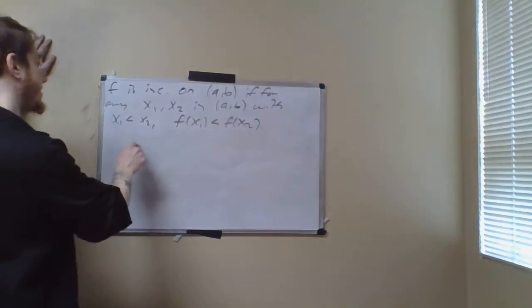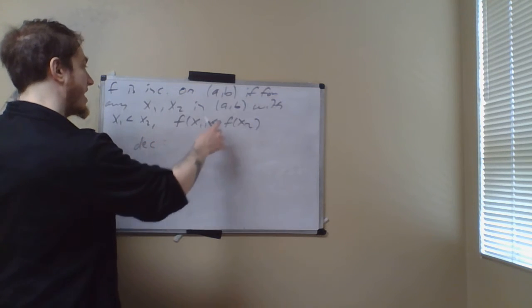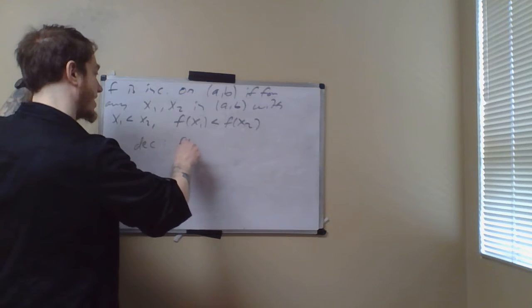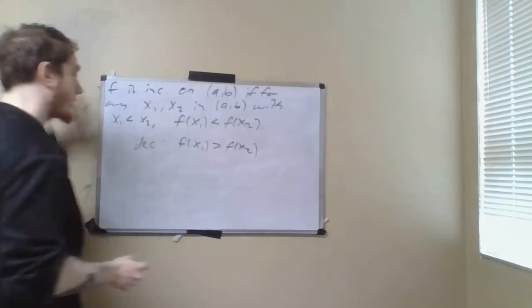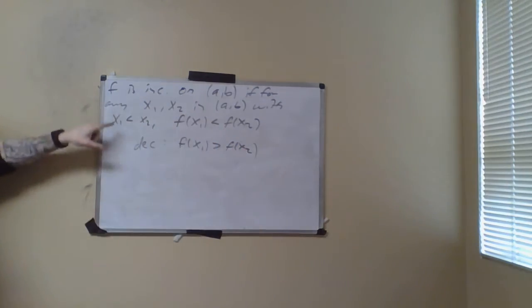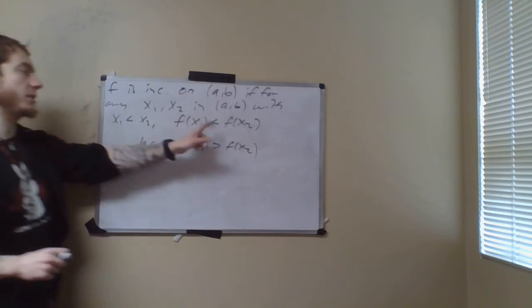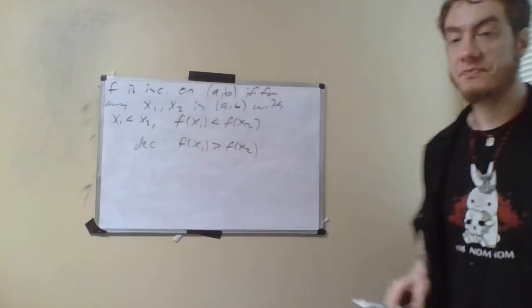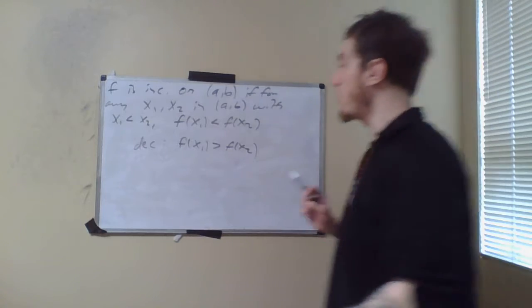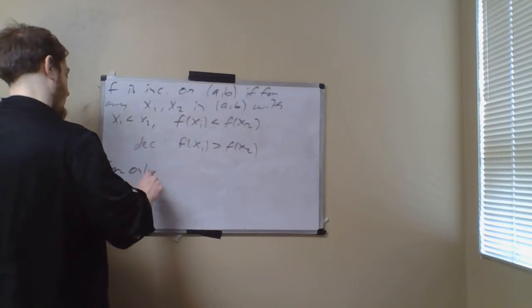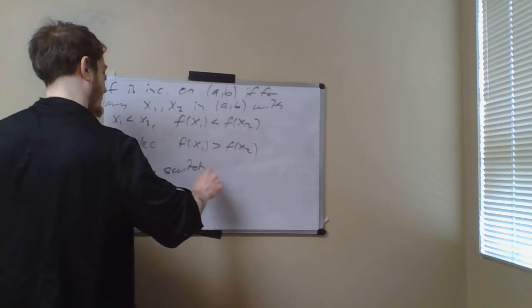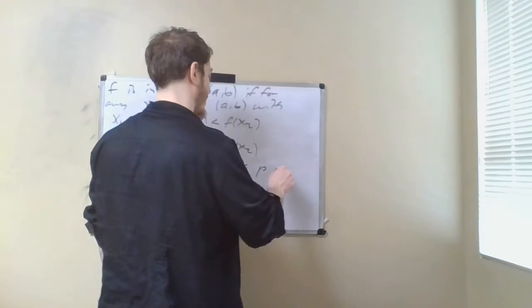And it is decreasing if you switch this around and we say f of x1 is greater than f of x2. So I'm not going to rewrite the entire definition because it's literally the same definition, just you flip the direction of the inequality. Now, here's the thing. We can only switch at critical points.